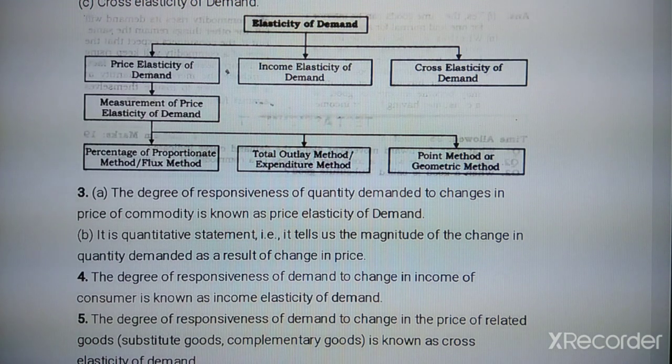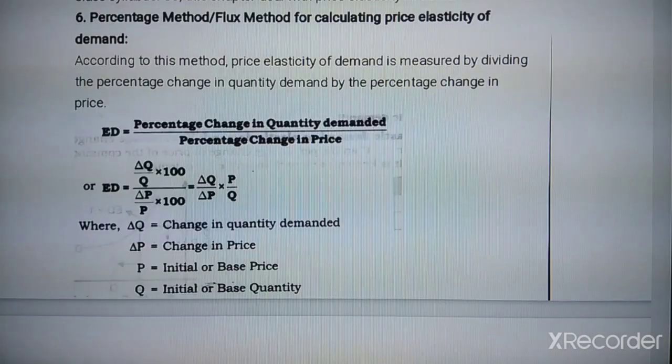Or one more example: if there is a change in the price of petrol, how is the demand for cars going to change? This we study under cross elasticity of demand.